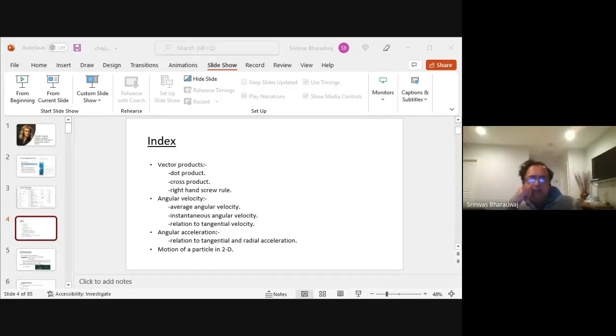We did two types of products when we started with vectors. We came up with the dot product.